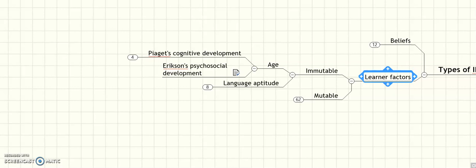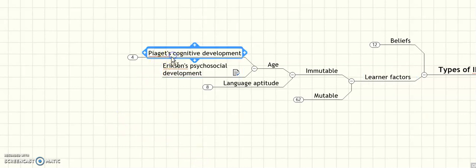Well, at least we can look at 2 theories related to age, or related to development, learners' development, or our development.